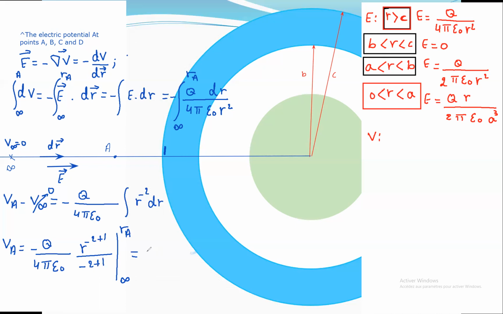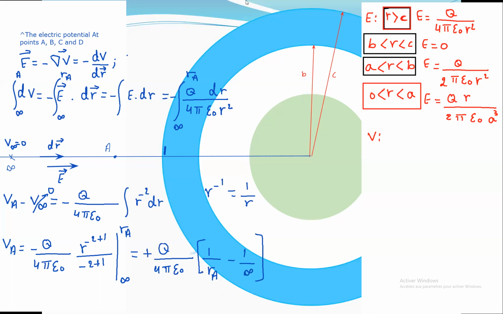Minus times minus equals to plus. Q divided by 4 pi epsilon 0. R to the minus 2 plus 1 equals to R to the minus 1. We can put it down. So equals to 1 over RA minus 1 over infinity.